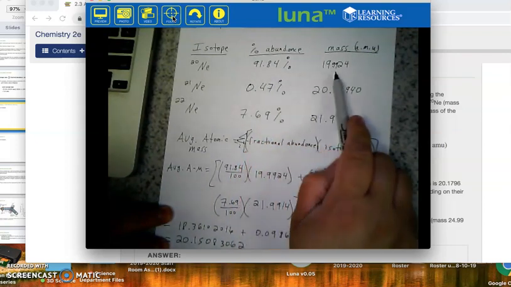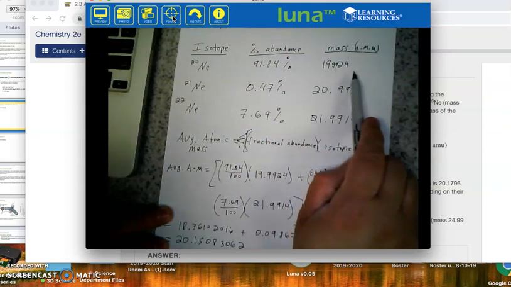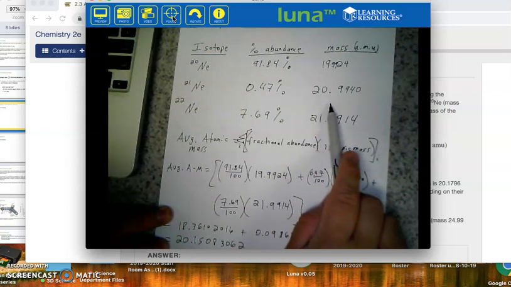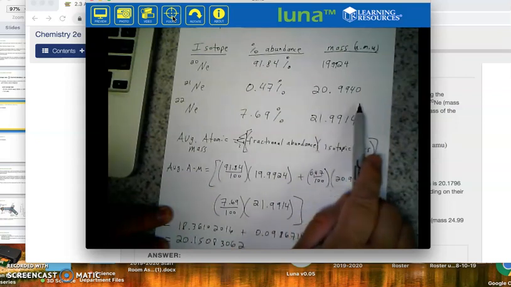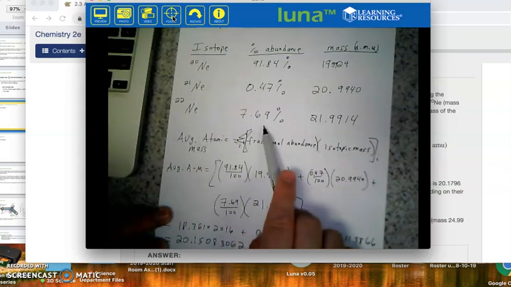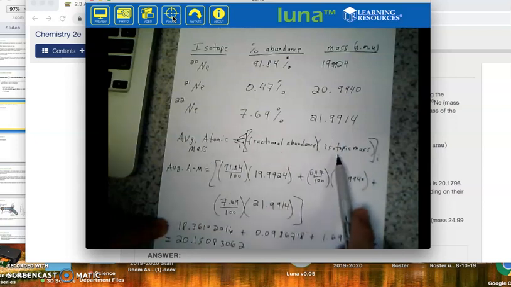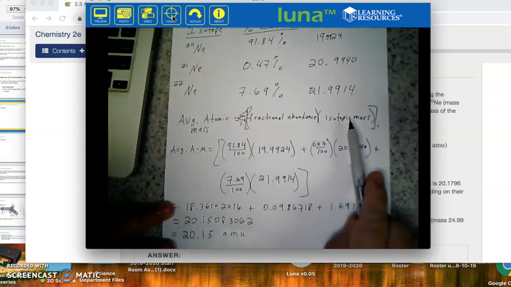Its atomic mass is 19.9924. Neon 21, 0.47%. Its atomic mass is 20.9940. Neon 22, its percent abundance is 7.69%, and its atomic mass is 21.9914. So here's a formula to calculate our average atomic mass.